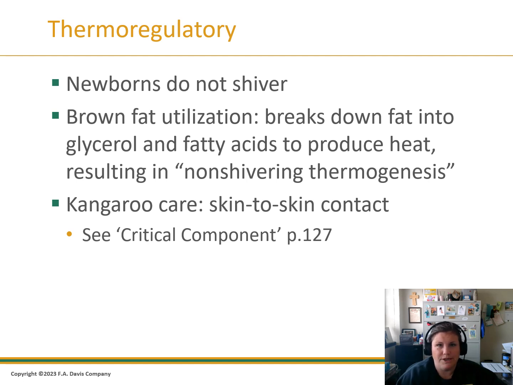Thermoregulation, or the thermoregulatory system. We know that newborns do not shiver. We know that in the brown fat utilization process, fat is broken down into glycerol and fatty acids that are used to produce heat for the body. So that's why it's so important that infants, when they're first born, experience kangaroo care, which is skin-to-skin contact with the caregivers.